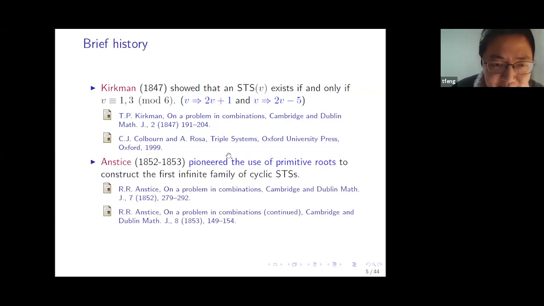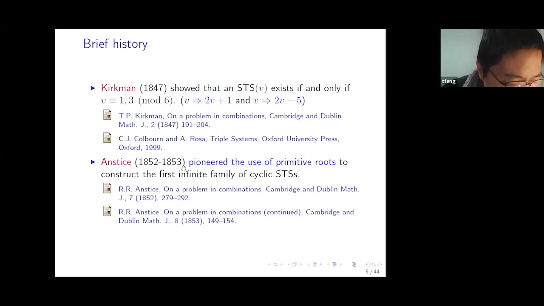And of course, at that time, even though Kirkman proved this problem, many people didn't know it had been solved. So Anstice, around 1852 to 1853, still wanted to solve this problem, but he used a different approach.